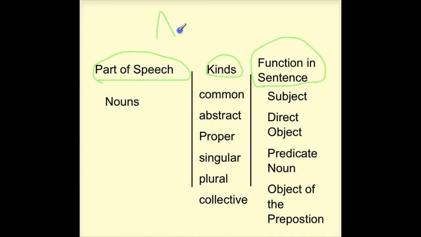So when we talk about nouns as one of the 8 parts of speech, what do we know about them? Well, we know that they are one of 8 parts of speech. We know that there are different kinds of nouns. There's common nouns, abstract nouns, proper nouns. There can be singular nouns, plural nouns, collective nouns. Wow, lots of different kinds of nouns. We also know that these nouns can function in different ways in the sentence.